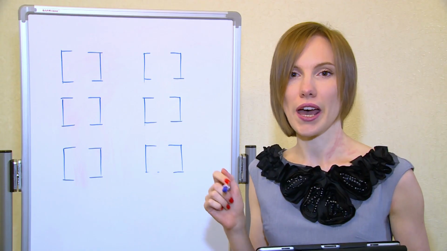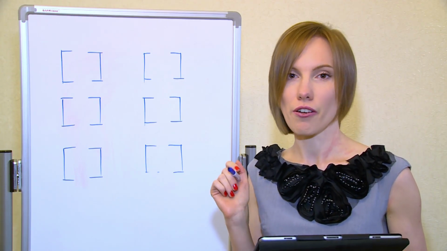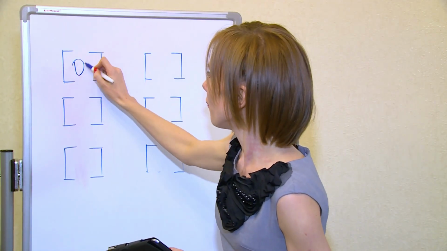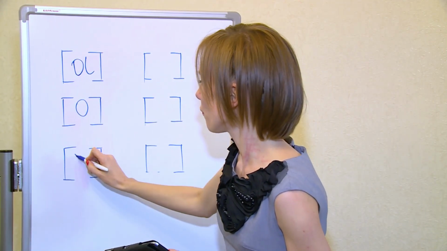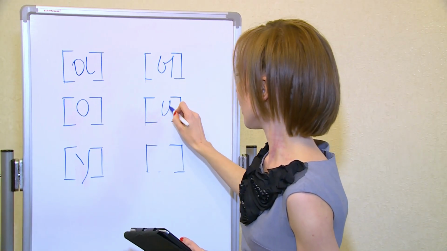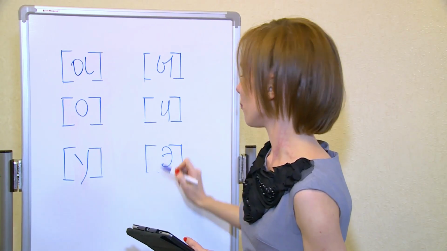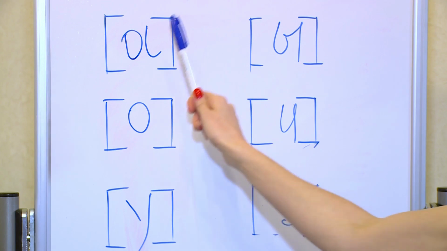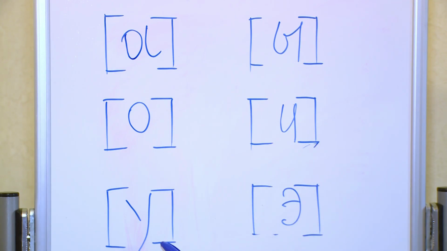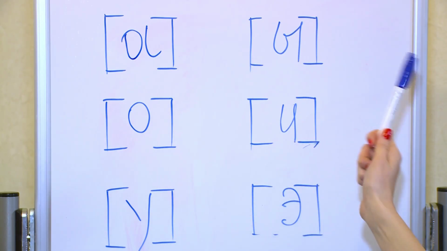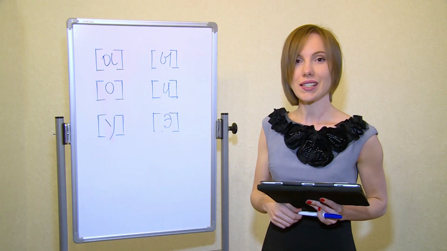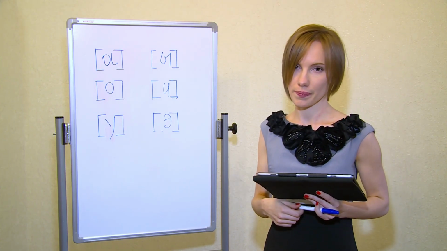In Russian, we have 6 basic vowel sounds: A, O, U, I, E. Once again: A, O, U, I, E.